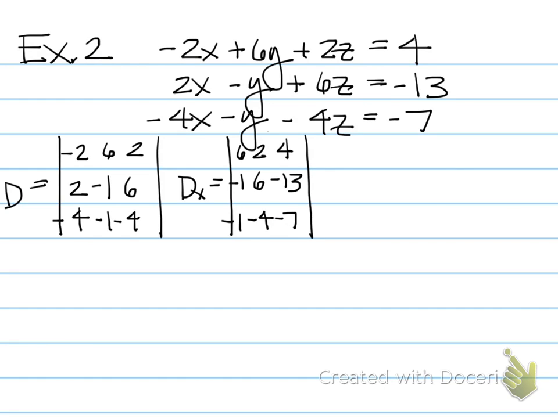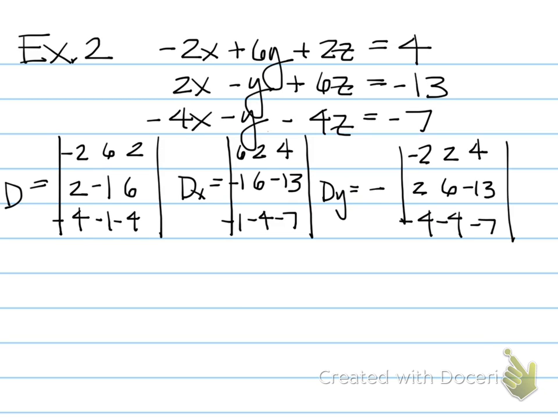The x determinant is what is left when we cross out the x column. It should be 6, 2, 4, negative 1, 6, negative 13, negative 1, negative 4, and negative 7.